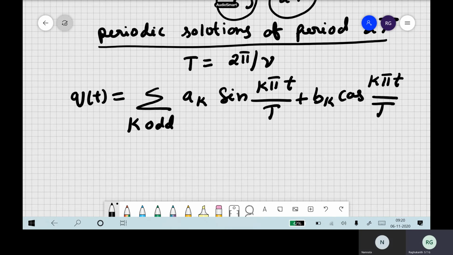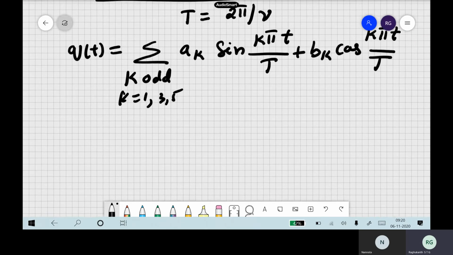Because of odd terms, k becomes 1, 3, and so on. Sine pi by 2 is 1, but sine 3 pi by 2 is minus 1. Then sine 5 pi by 2 is again 1. So you can see the periodicity is 2 pi, that is twice. Generally the odd terms in the Fourier series give you a periodicity of 2 times T.